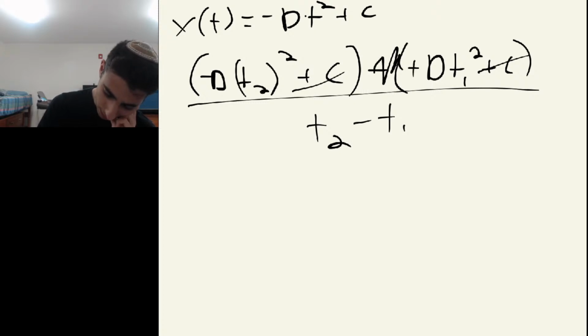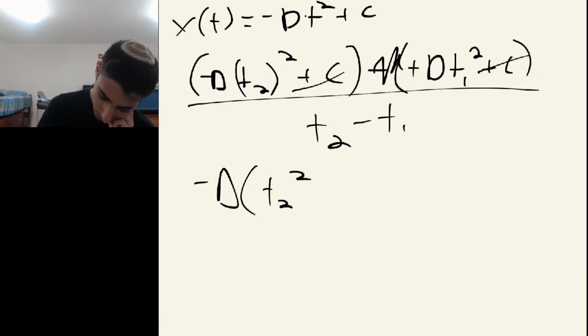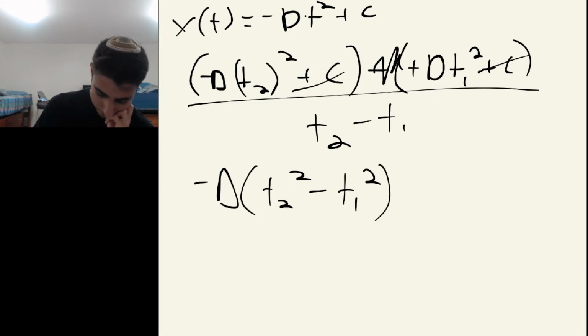If we take out a negative d times t sub 2 squared minus t sub 1 squared, I guess we can do that. Yeah, I suppose that works.